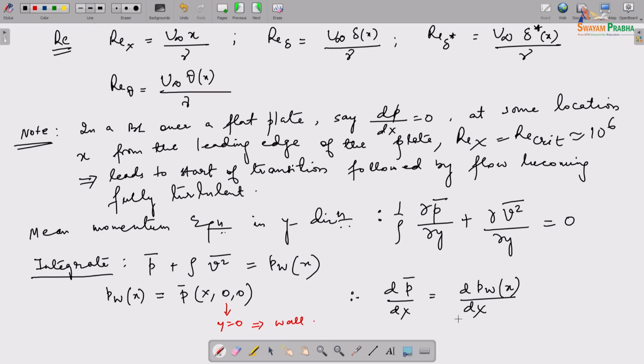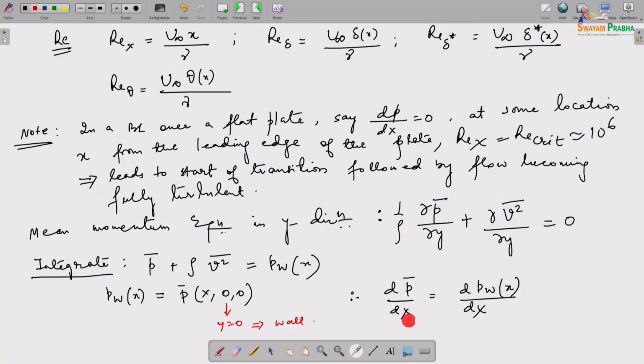So essentially what this is telling you is that the mean axial pressure gradient is d/dx of P at the wall. So this axial pressure gradient is uniform.